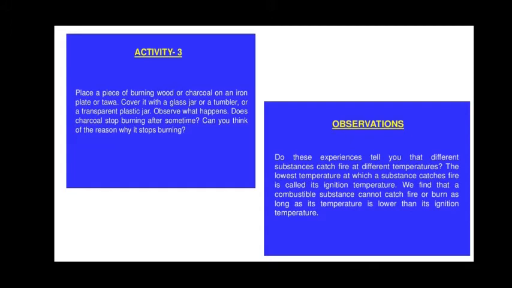We find that combustible substances, like fuel, cannot catch fire or burn as long as they have not reached the ignition temperature. So different combustible substances, that is different fuels, have different ignition temperatures, students.